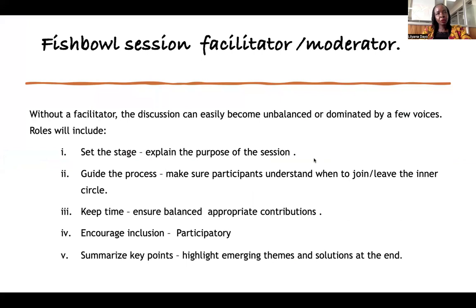A fishbowl session requires a facilitator, in some quarters referred to as a moderator. Without a facilitator, the discussion can easily become unbalanced or dominated by a few voices.